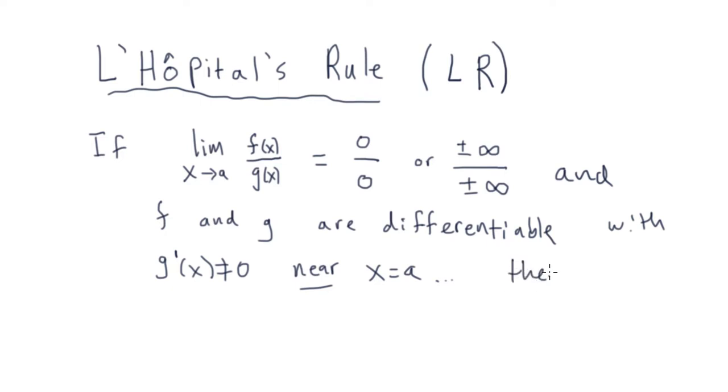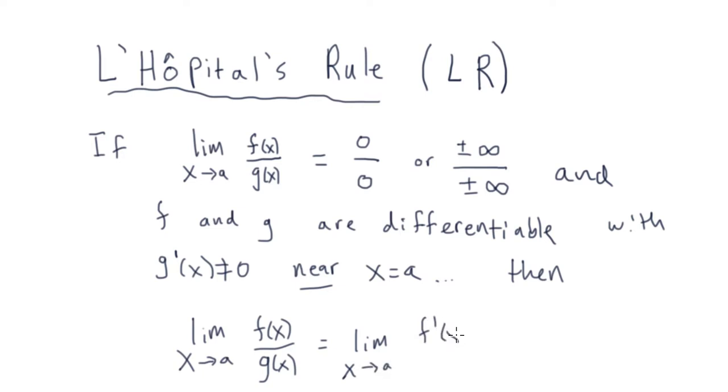Then this is what we can do. This is the magic. Then the limit as x approaches a of f of x over g of x is equal to the limit of the quotient of their rates of change, or their derivatives. So f prime of x over g prime of x.